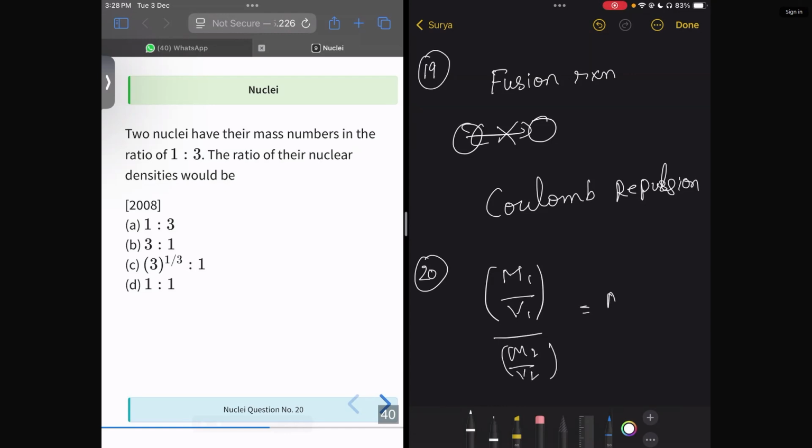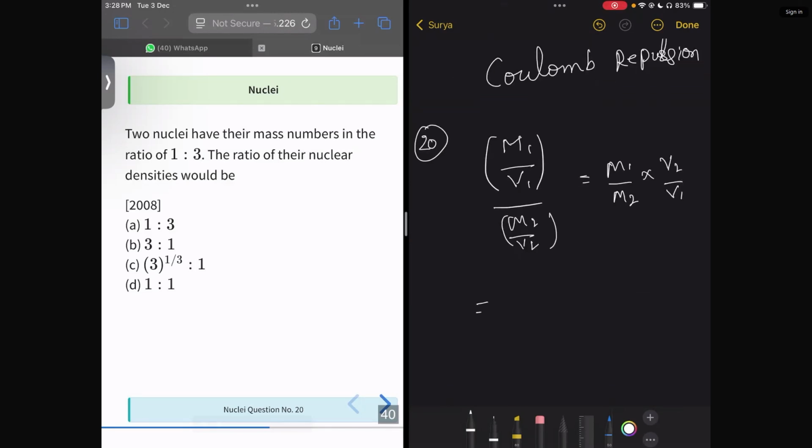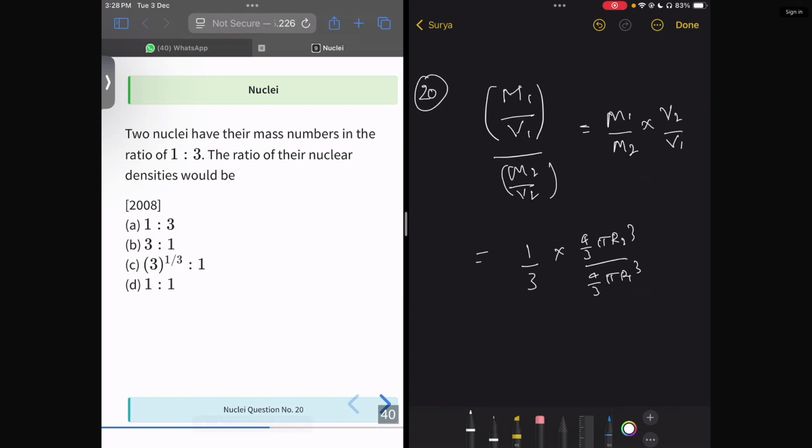So it will be M1 divided by M2 into V2 divided by V1, right? The mass numbers are in the ratio of 1/3, and the volume is 4/3 pi R2 cube divided by 4/3 pi R1 cube, right? So 1/3 into R2 by R1 whole cube.